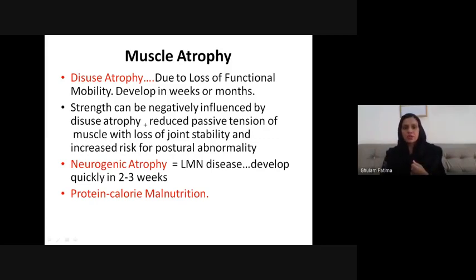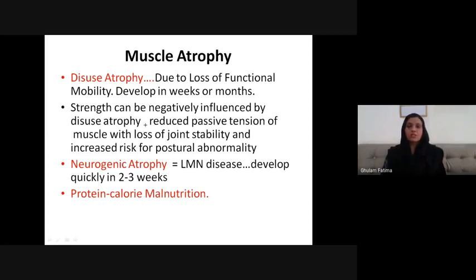You can see neurogenic atrophy in multiple patients, but specifically in lower motor neuron diseases or lower motor neuron lesions. For example, if the patient has wrist drop, you can see neurogenic atrophy there.